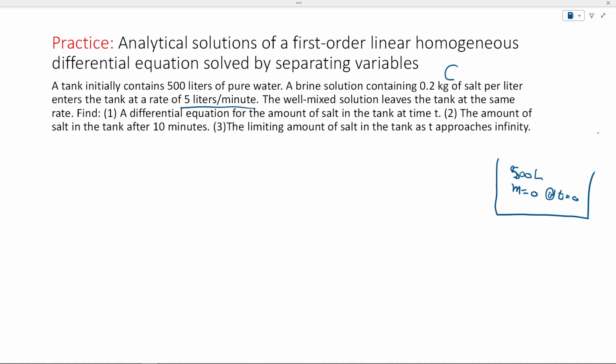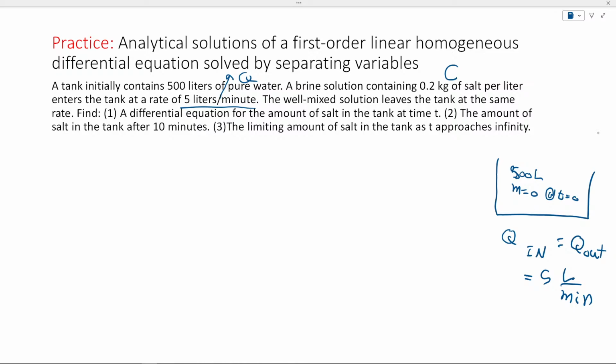So here I have C and here I have Q. Okay, the well mixed solution leaves the tank at the same rate. So I know Q in is equal to Q out is equal to 5 liter per minute. So this is the information that I have.